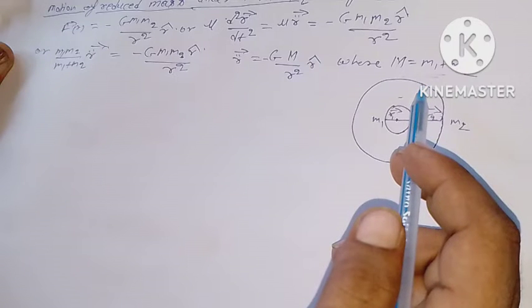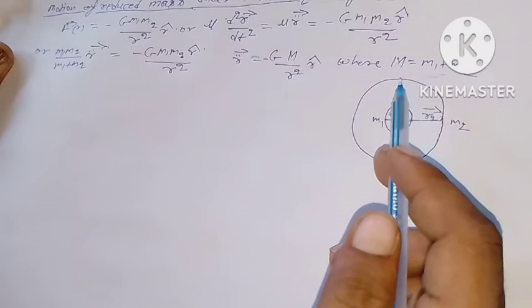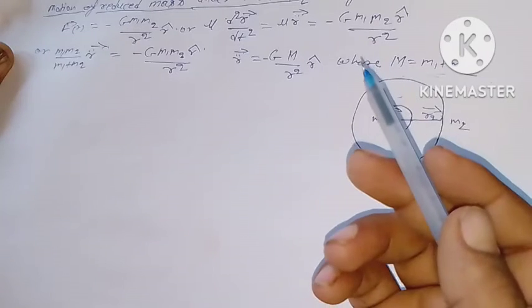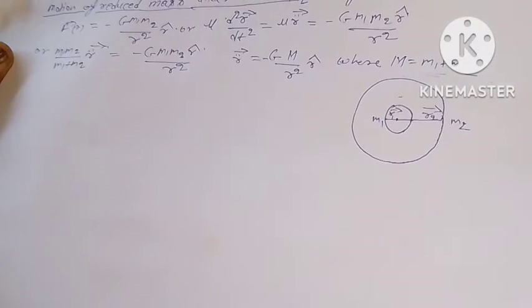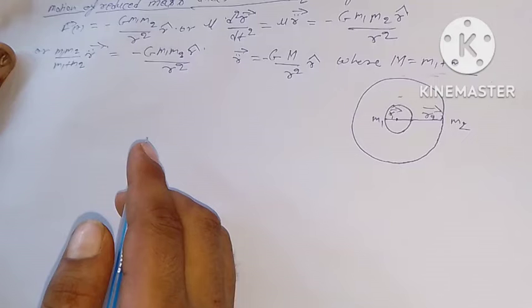And further, the acceleration of one mass with respect to the other mass will appear to be the same but in opposite direction. Okay, either the observer is at mass m1 or m2.